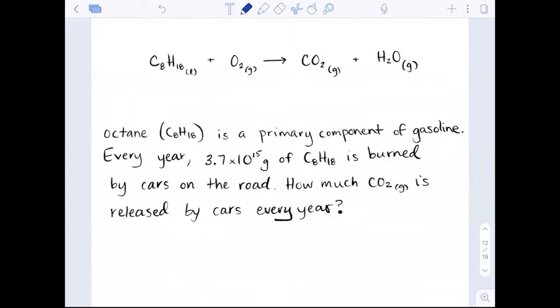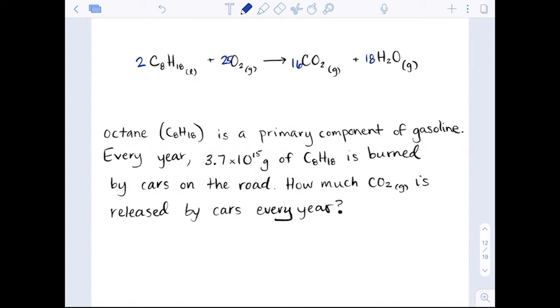Now let's go back to this reaction. We can use our balance from before. 2, 25, 16, and 18. I suggest you go back and practice that one, but we'll probably do it in class as well.